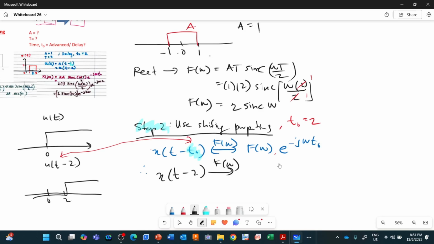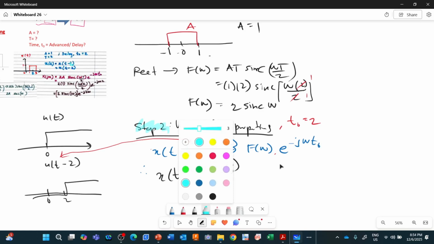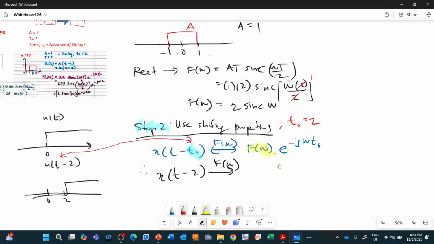So you get F(omega). In this case, it is referring to the rectangular. So let's write out: you have 2 sinc(omega) dot e to the minus j omega t naught, where t naught is 2.